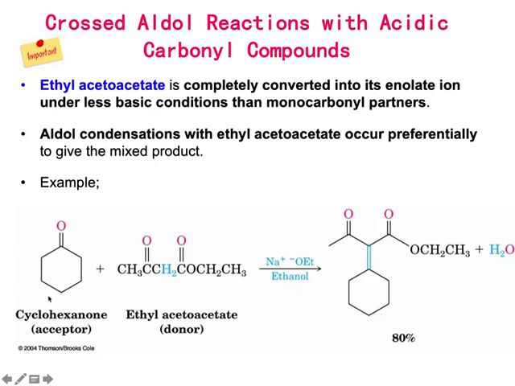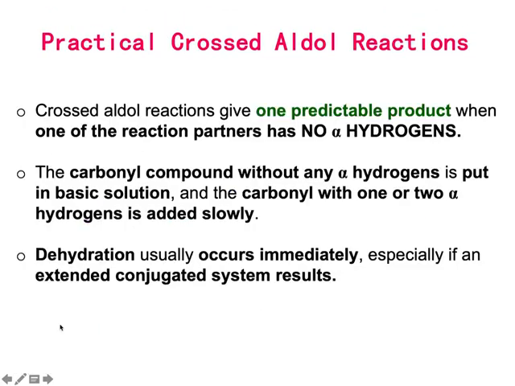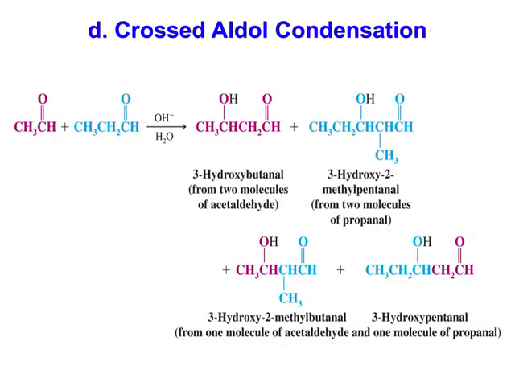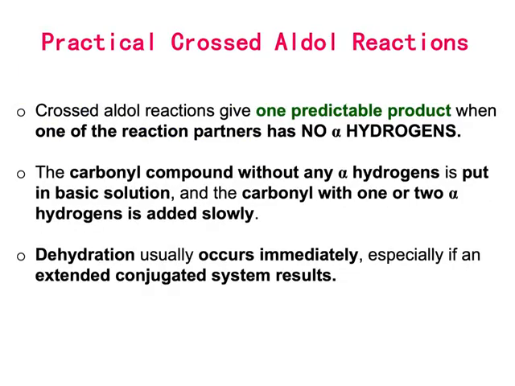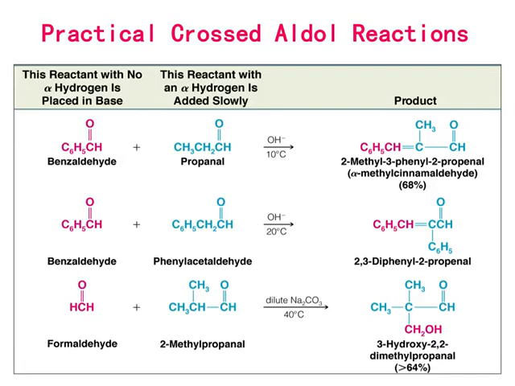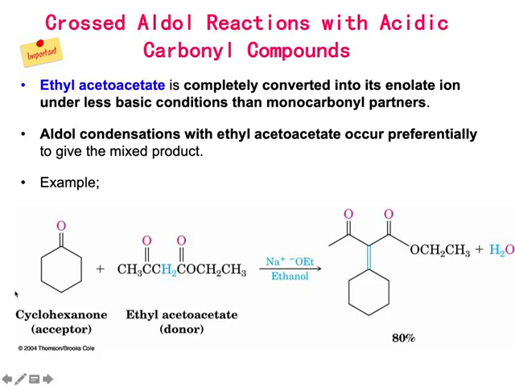So this one is a ketone, the ketone as the acceptor. If we look here, this one is the acceptor and this one is the donor, because the structure has two carbonyls. In the aldol reaction with acidic carbonyl, the alpha hydrogen here is very acidic.